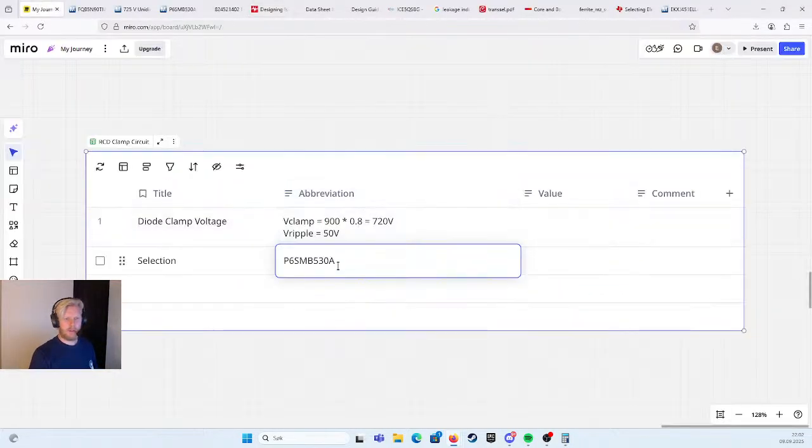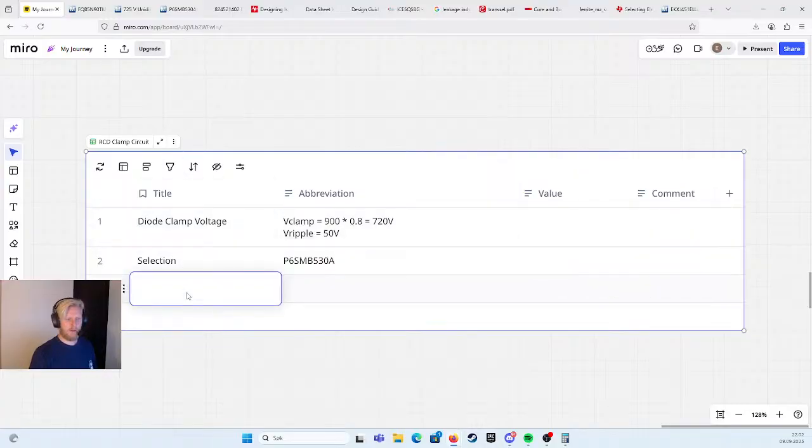Okay, I skipped a bit ahead and I selected the diode. But it's alright.